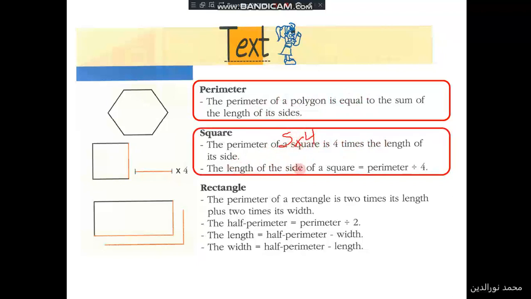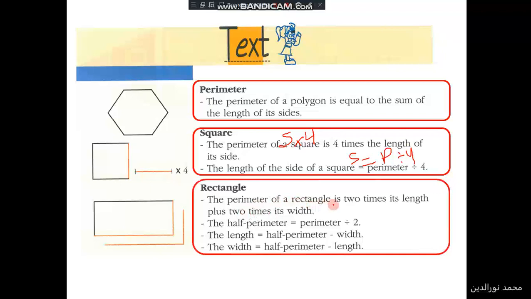The length of one side of a square equals perimeter divided by 4. So perimeter is s times 4, and s equals perimeter divided by 4. For a rectangle, the perimeter is 2 times its length plus 2 times its width, so 2L plus 2W.